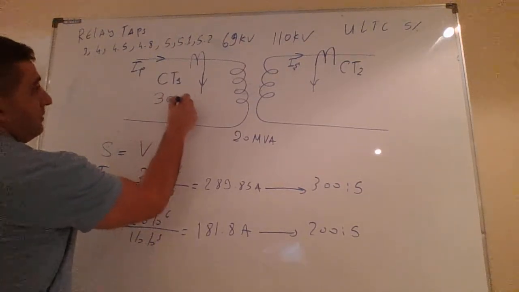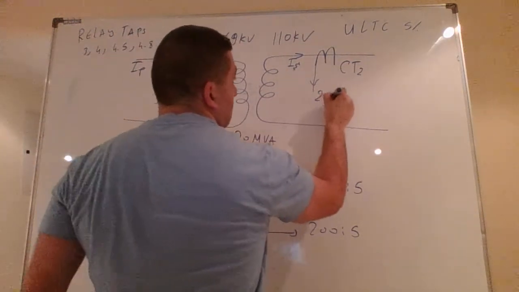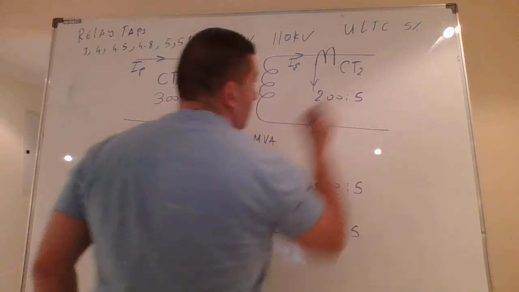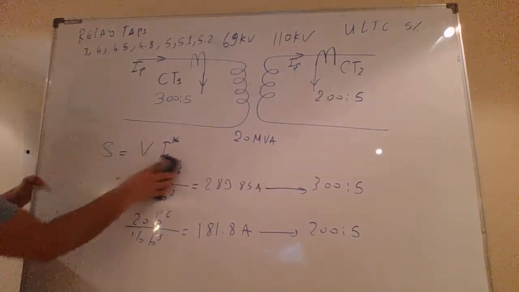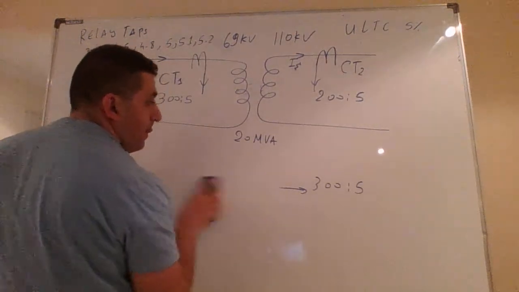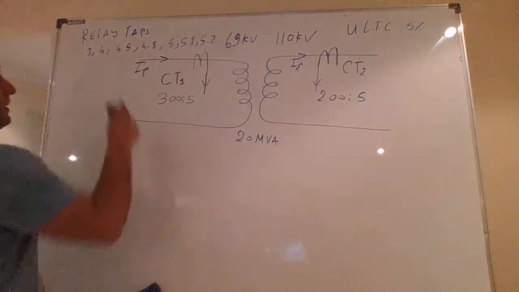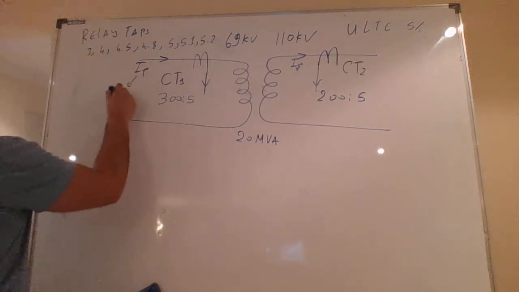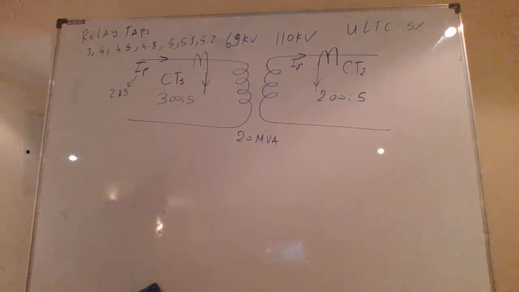So now I know, let me write this so I can delete the bottom. That's a 300 to 5 CT, that's a 200 to 5 CT. This IP is 289 amps. Isn't that what we found it to be? 289.85.